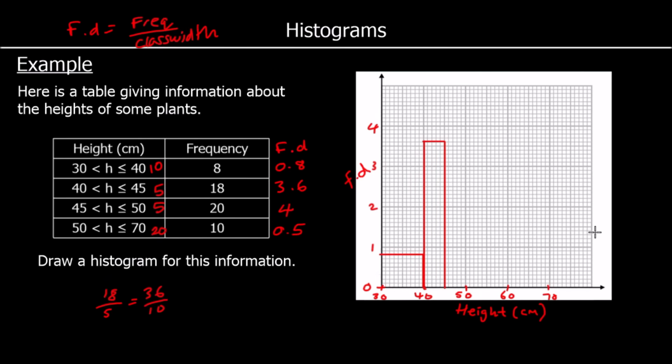And that's our second bar. 45 to 50 goes up 4. So that's our third bar. And then 50 to 70 goes up 0.5. So that is our histogram. We've drawn the histogram.